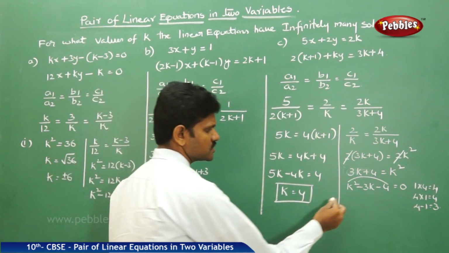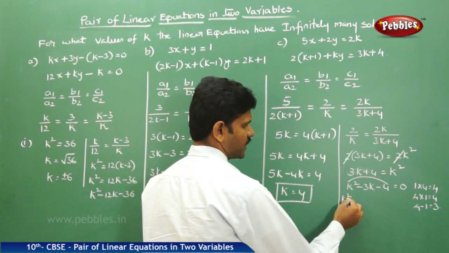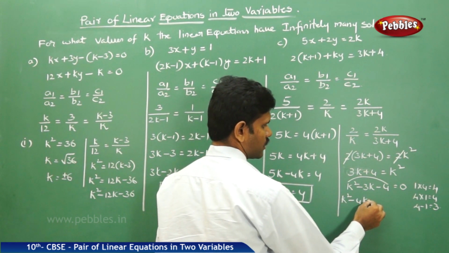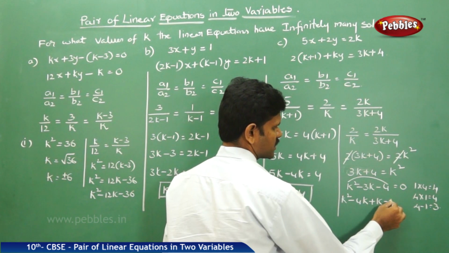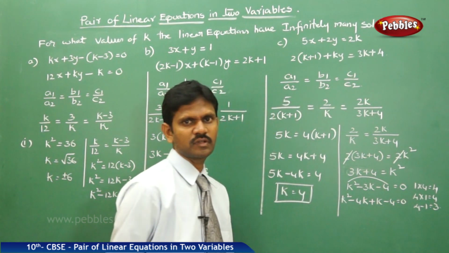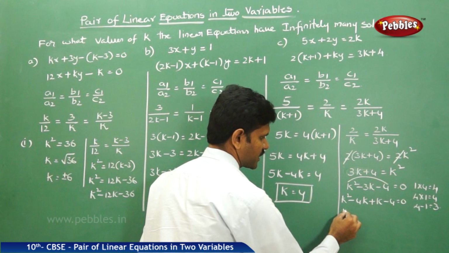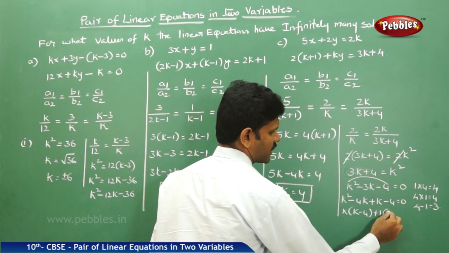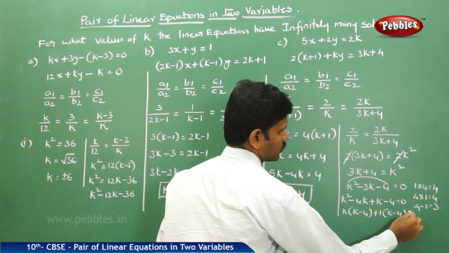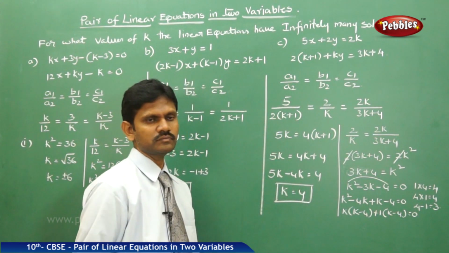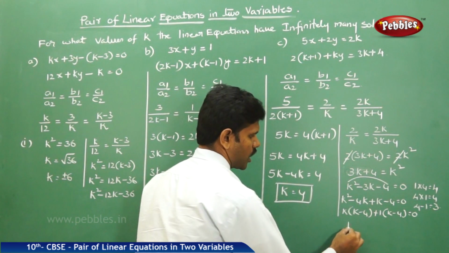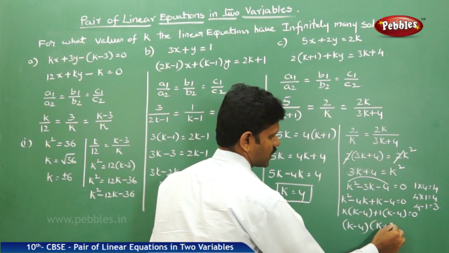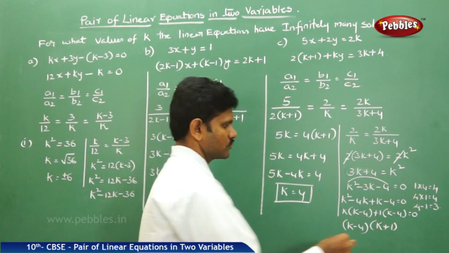So K square, arrange these in order, K square minus 4K plus K minus 4 is equal to 0. Take K as common, K minus 4, plus in the second part take 1 as the common, K minus 4 is equal to 0. Now the common factor is K minus 4 and the other factor is K plus 1 is equal to 0.